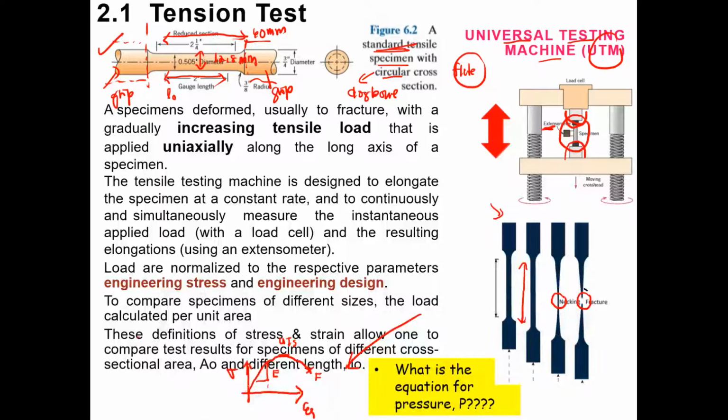But basically what I want you to know is that with this tensile testing, you start from elongation of the gauge length, then the necking process, and the specimen will break into two pieces. You also will have this diagram, stress versus strain.